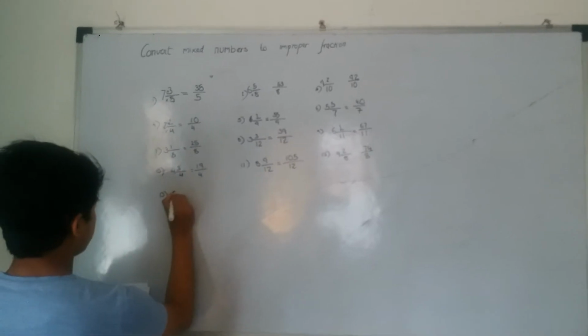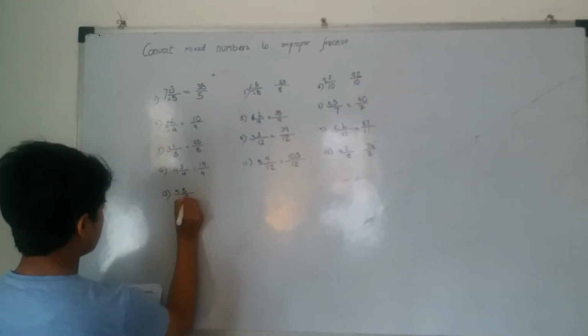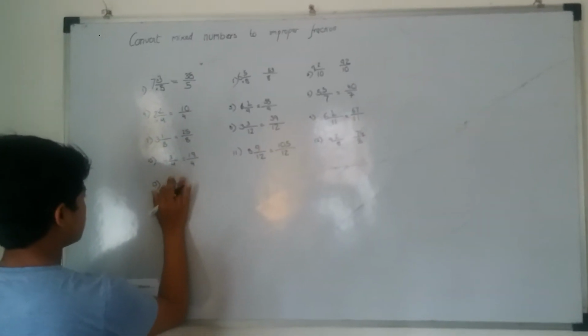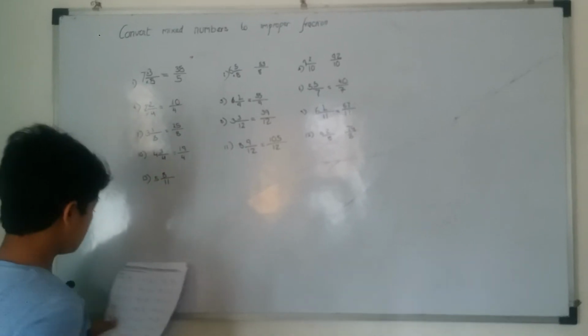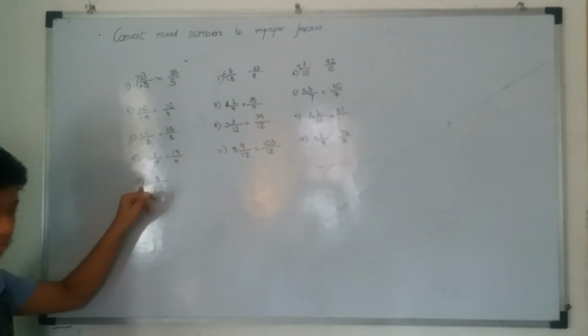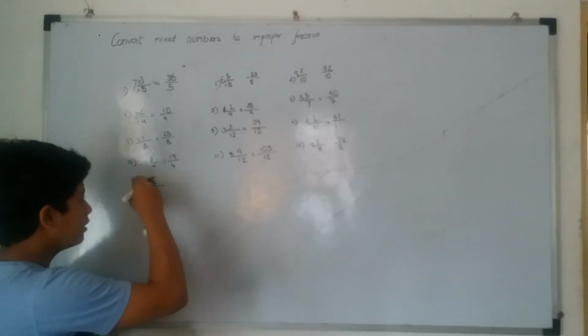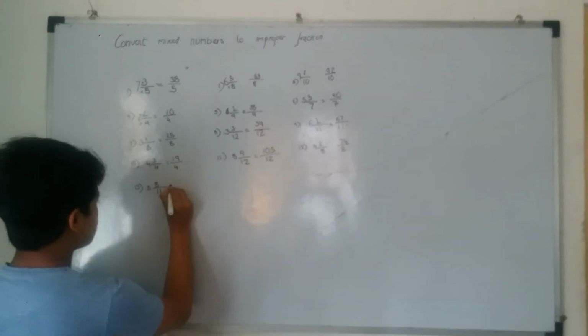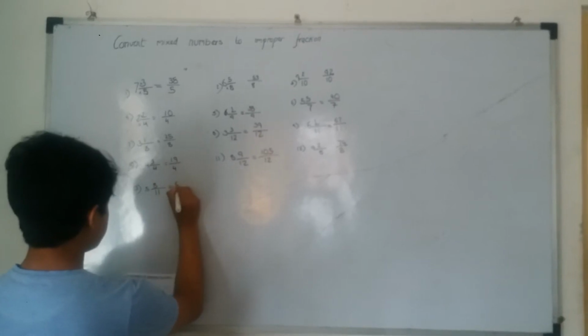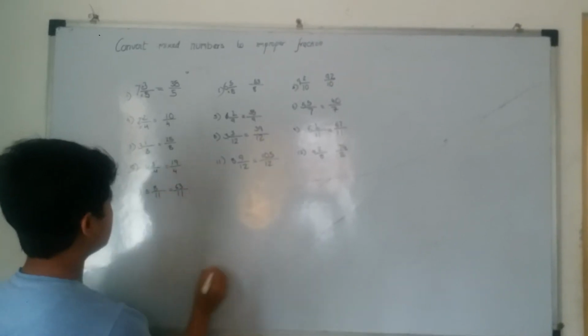Okay, now 13th question, 5 8 upon 11. In this question, 11 into 5 equals 55. Then we add 55 plus 8 equals 63 upon 11.